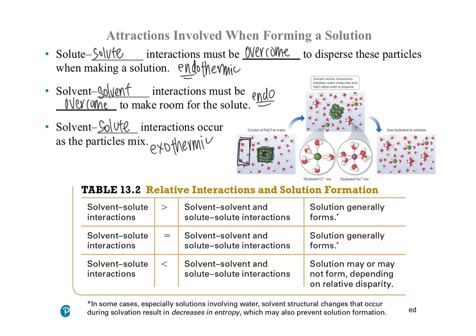So whether a process is going to happen or not will depend on the magnitude of these processes. If my endothermic solute-solute and solvent-solvent processes are small enough and my solute-solvent interaction is large enough in the exothermic direction, my solution may or may not form.